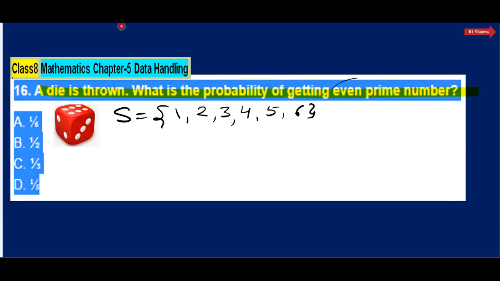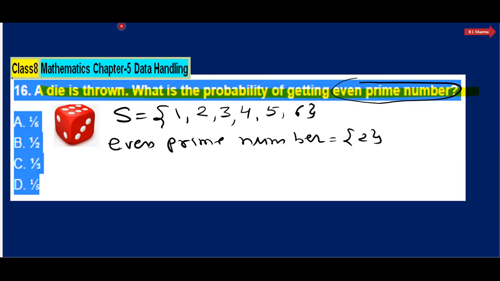We need even prime numbers, meaning the number should be even as well as prime. There is only 2. 2 is the only prime number which is even also.